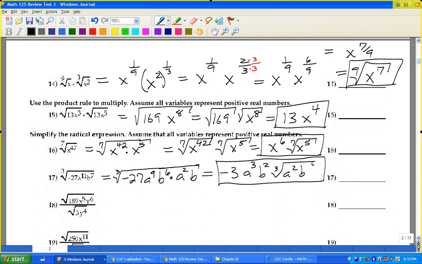Let me do problem number 18. So this is equal to the square root of 189 x to the fifth y to the sixth over 3y to the 4.